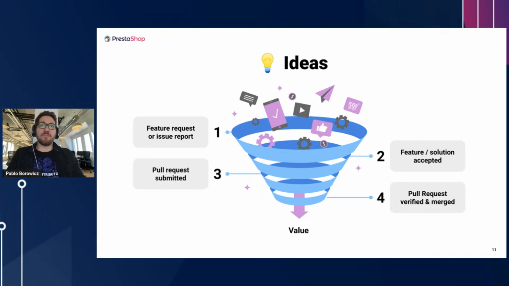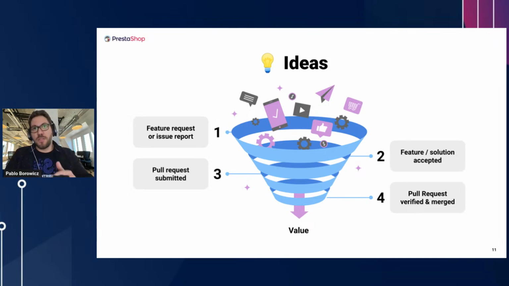The first thing is that you have to put them into words and share them through feature requests or issue reports. And then they need to go through a second level of this funnel, which is to have their feature or the solution they find to a given problem accepted as the right solution.